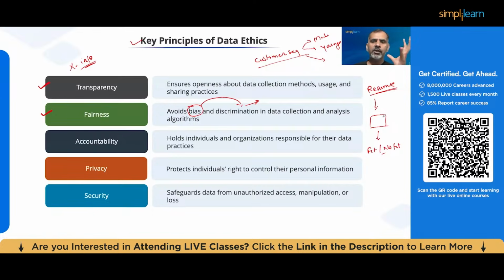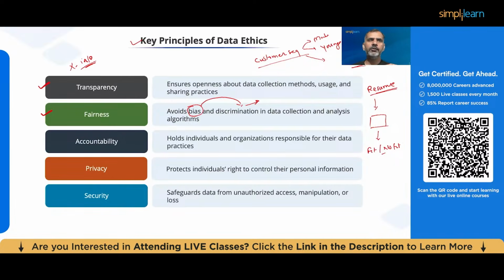Now, to develop this kind of model, if I have to collect the data, I should be collecting data from both male and female candidates equally. It's not that I'm collecting data mostly from male candidates. If I do this, that means I'm introducing bias towards the male category compared to the female category.